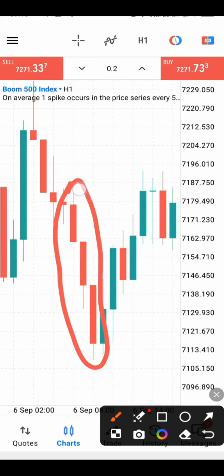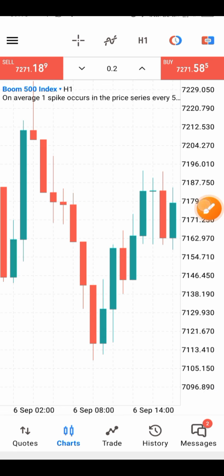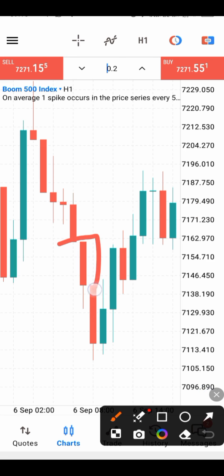Look at the candle that closed before this candle. Then look at this. If you look at this candle very well, you will see that on the right side and the left side, there's nothing. It is an imbalanced candle. You understand?